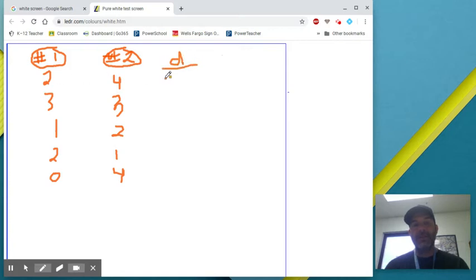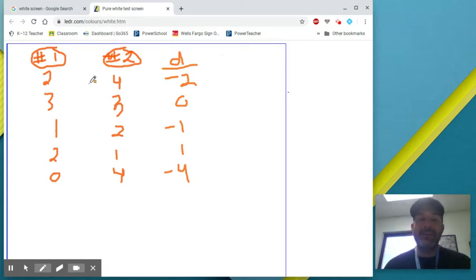The difference here would be -2, here 0, here -1, here 1, and here -4. As you see, if your numbers actually go up, when I take the difference of before and after, the number is going to be negative.